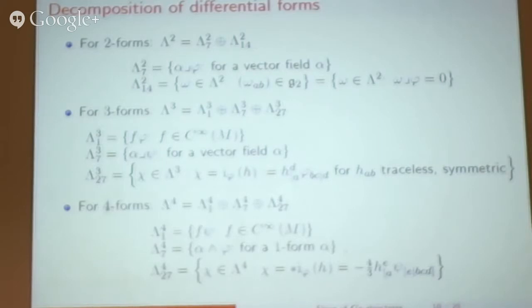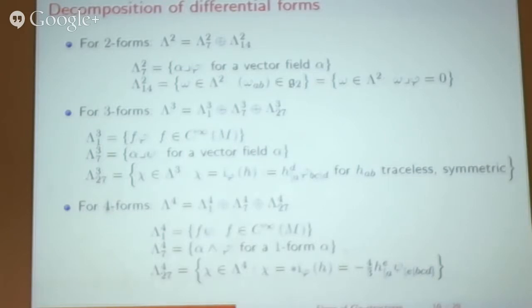Okay, and similarly for 4-forms, we can just take the Hodge star of this decomposition of 3-forms, and we obtain a very similar decomposition for 4-forms. So again, we have Lambda^4_1, which consists of 4-forms proportional to psi, which is now star of phi, and Lambda^4_7 is given by 4-forms which can be written as some 1-form wedge the 3-form phi. And Lambda^4_27, we can just take the Hodge star of these elements of Lambda^3_27.